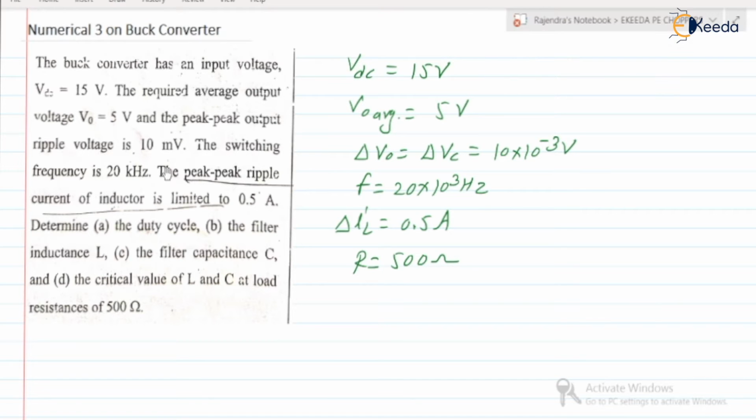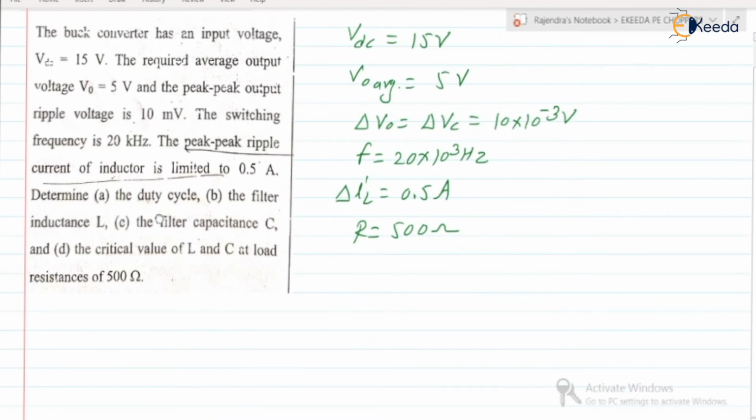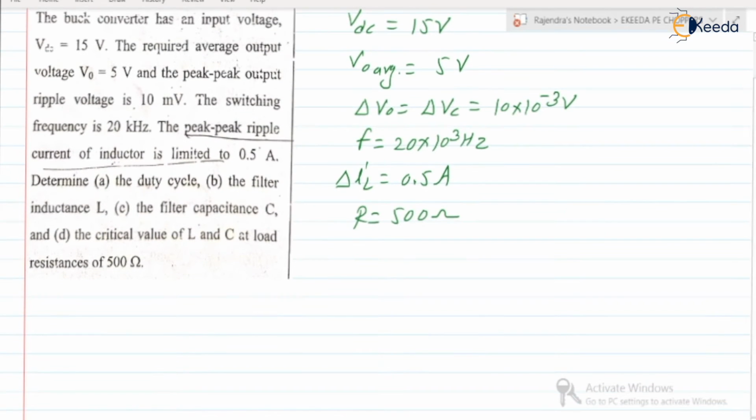If you check the given data, it is a buck converter. Yes, we know V0 average is equal to D into VDC. So here we can write V0 average is equal to duty cycle into input voltage VDC. What is the V0 average? It is 5, equal to D into VDC, which is 15, right?